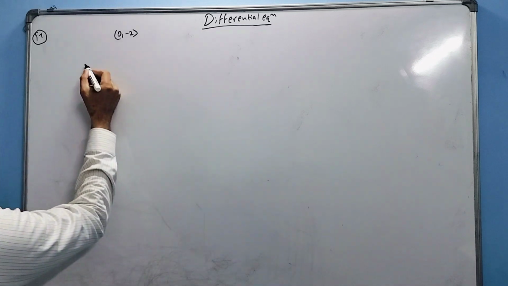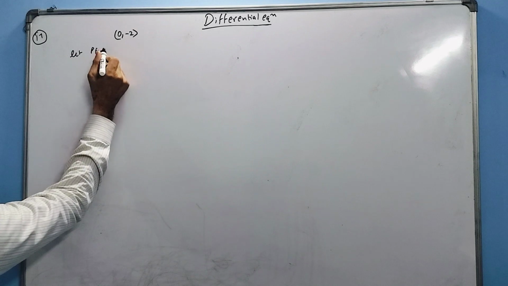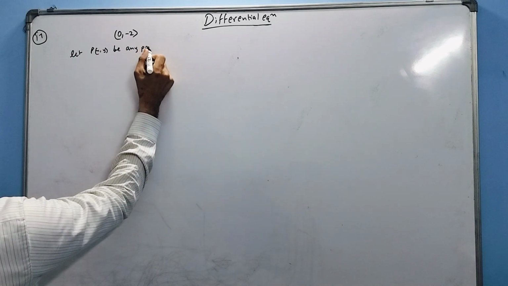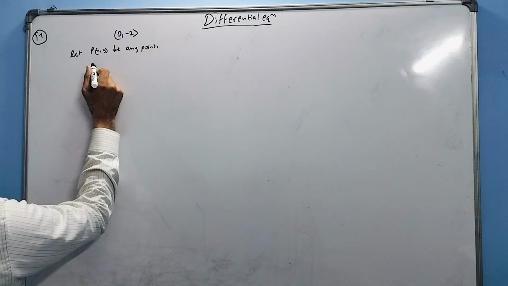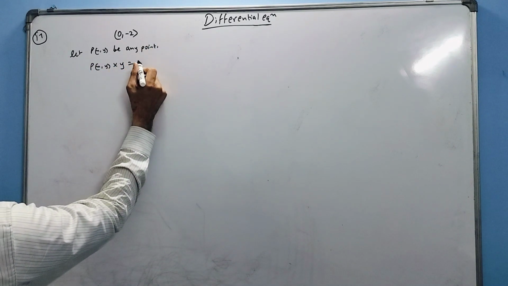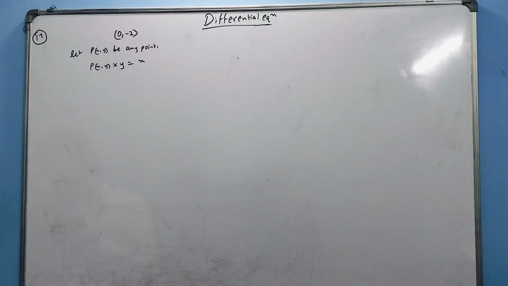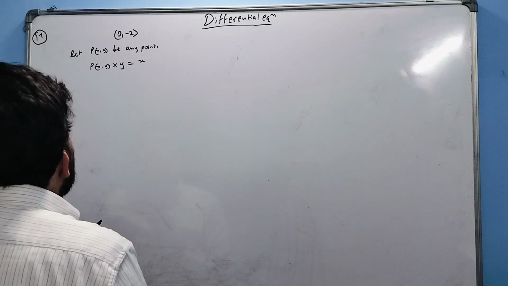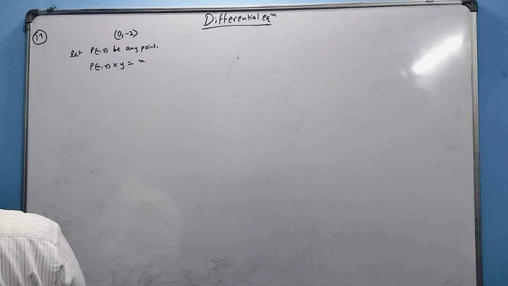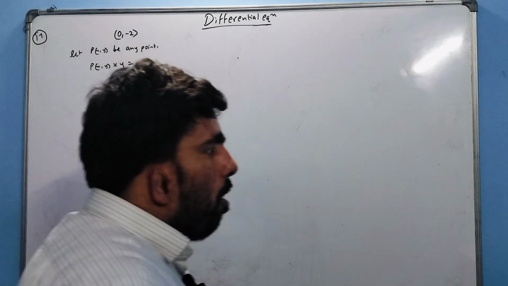So let P x y be any point. So the slope of the tangent into y is equal to x. Okay, they are saying that the product of the slope of its tangent on the curve and y coordinate of the point is equal to x coordinate of the point. So now let us try to solve this.